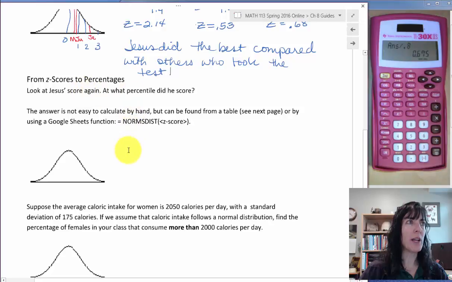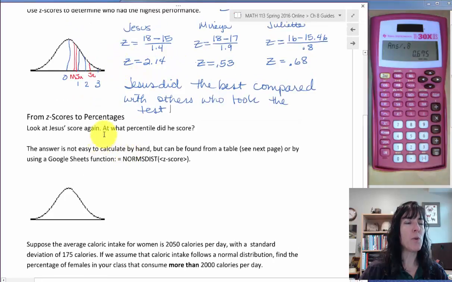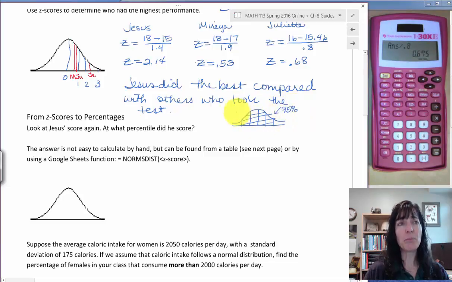Look at Jesus's score again. He was at a 2.14, and we wonder, what percentile did he score at? We don't really know, do we? Because we have that empirical rule of thumb, and we can say, well, if we're over here, 2 standard deviations above the mean, we know that in this region here we're going to have about 95% of the data.